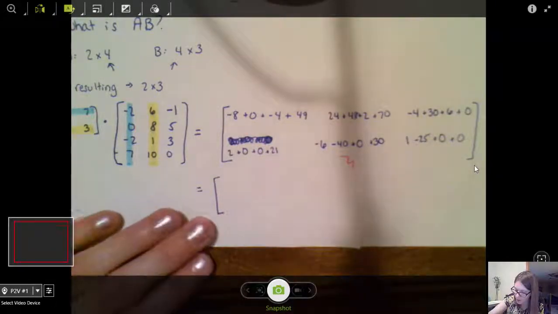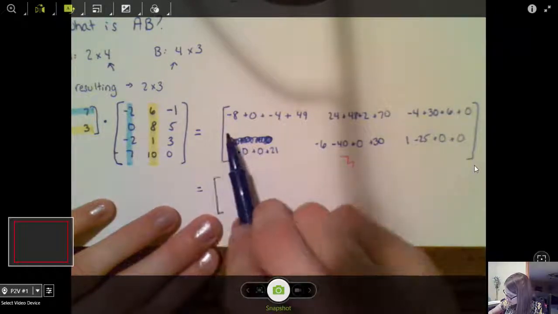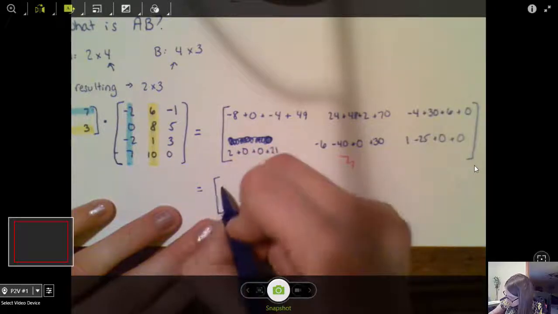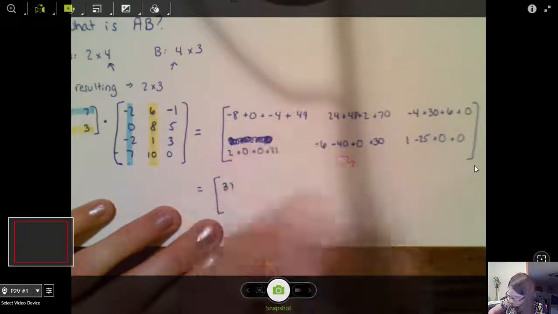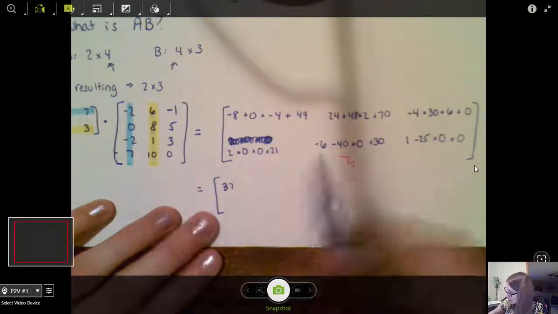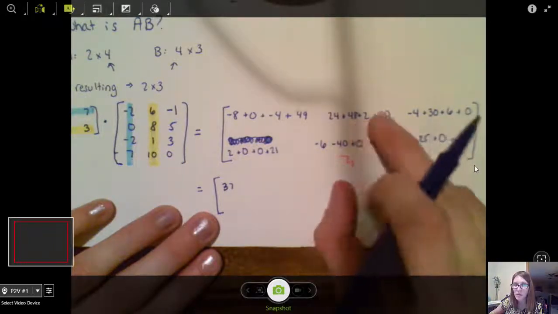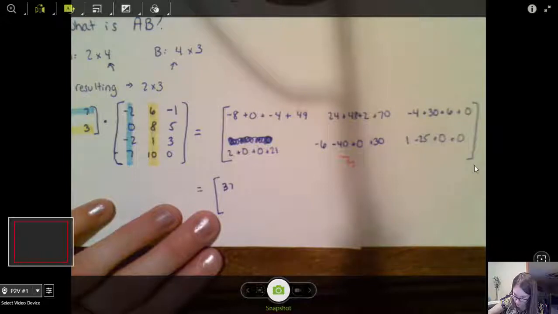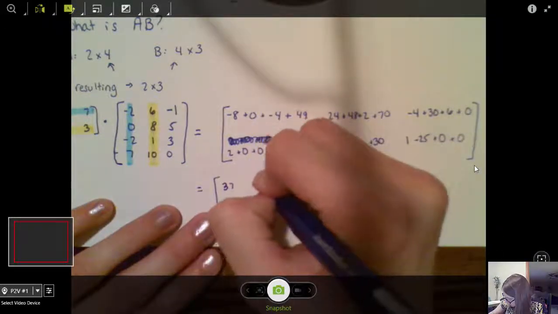Negative 8 plus 0 plus negative 4 plus 49 is 37. Double check that. And then 24 plus 48 plus 2 plus 70 is 144.